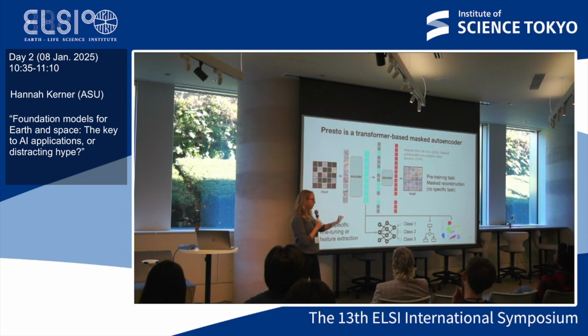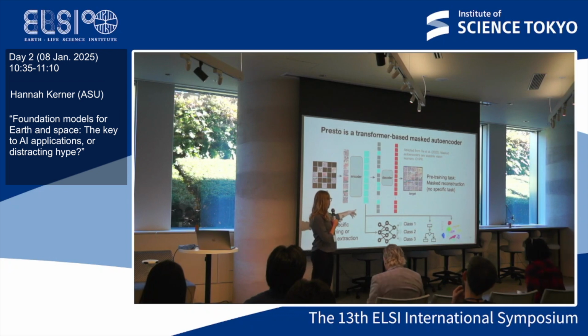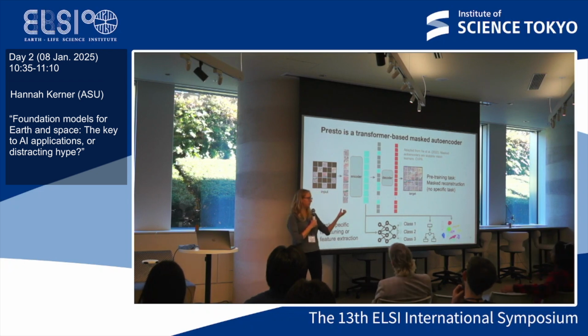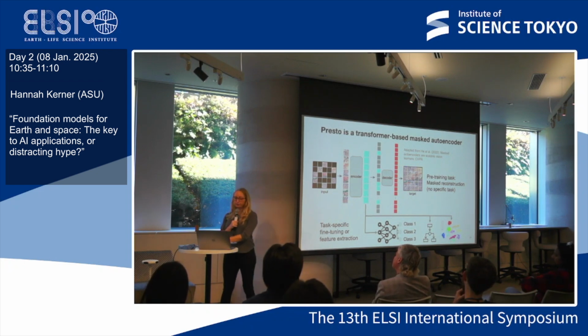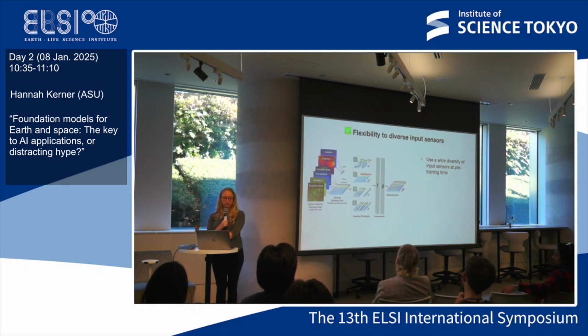That's what an autoencoder is. And then once the model has been trained, we throw away the decoder part. We no longer want to fill in gaps of things, although you could. And we just use the encoded representation, these generic feature extractors, to do these downstream tasks, like task-specific fine-tuning.